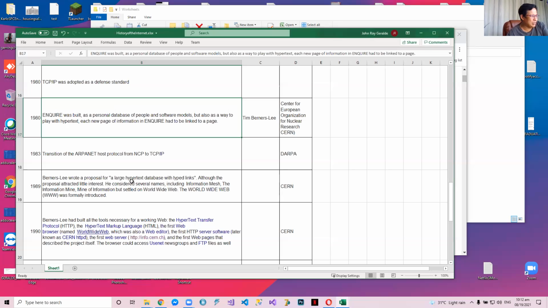WWW was formally introduced at CERN. So when did the WWW first come? In 1989 in Europe. It's a link of a large hypertext database. Do you follow?